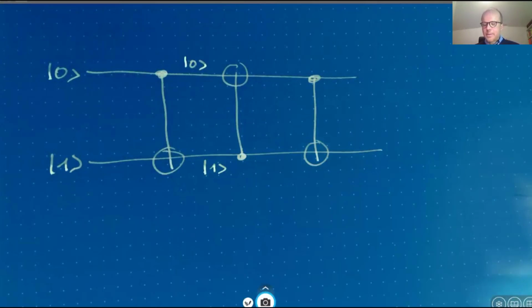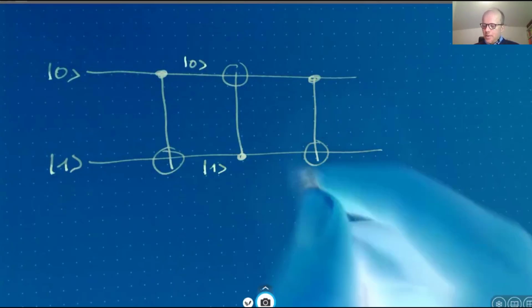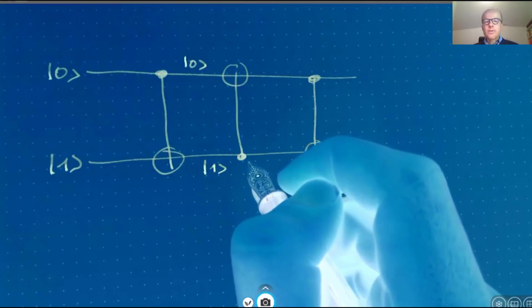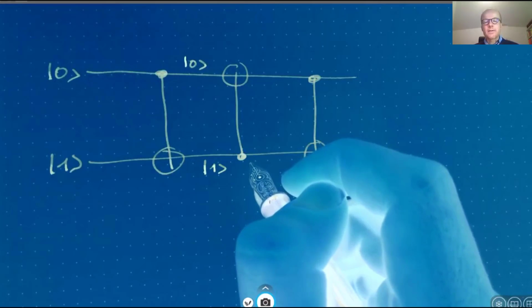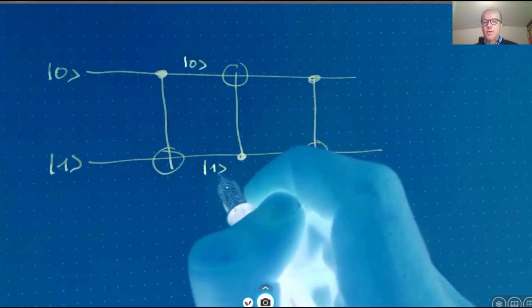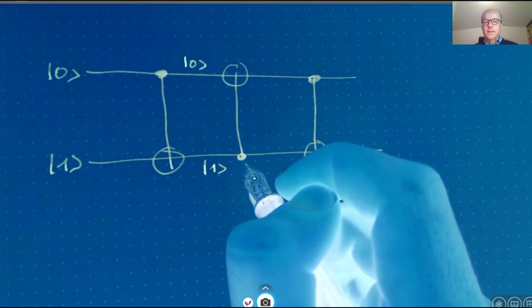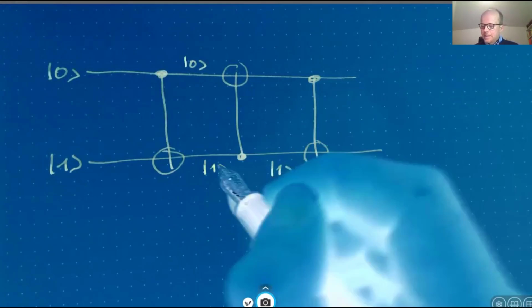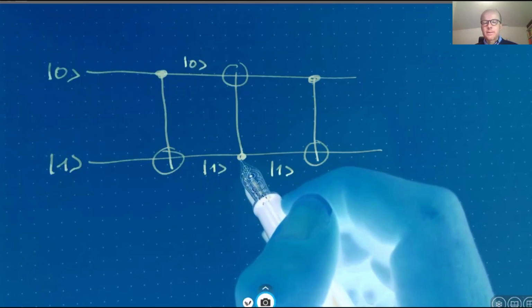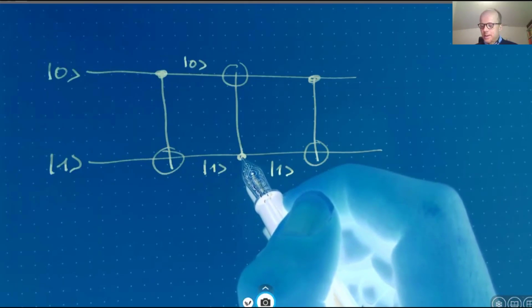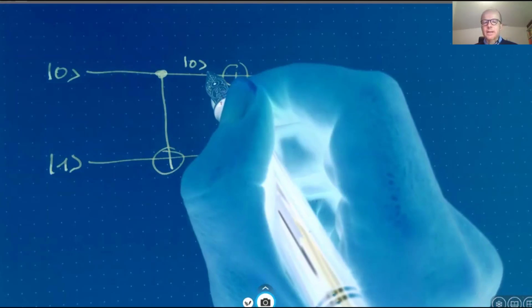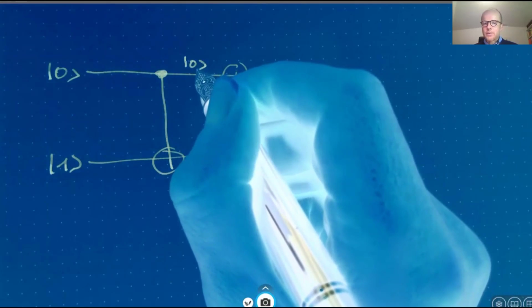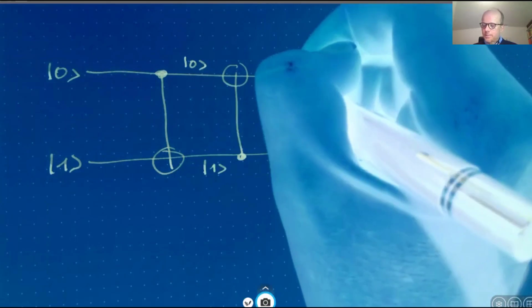So that's still in the basis state 1. Now, for the second C0, the roles of control and target are interchanged. So the lower qubit is now the control. The control doesn't change, that remains 1. But since the control is in the basis state 1, it flips the target. So this state is flipped from 0 to 1.